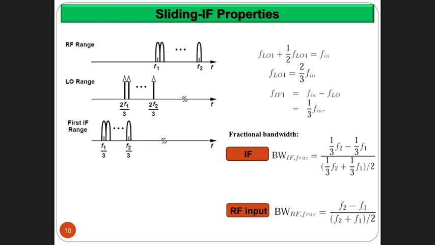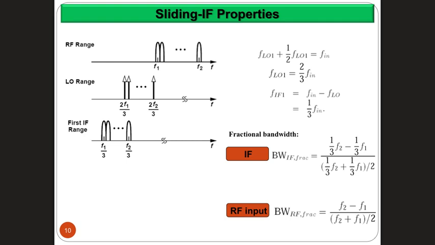And then accordingly, you end up with the local oscillator 1 being 2/3 of the input signal to bring the signal down to zero frequency. Okay? And the FIF, the intermediate stage that you will work on, is going to be always 1/3 of the original signal carrier. Okay?